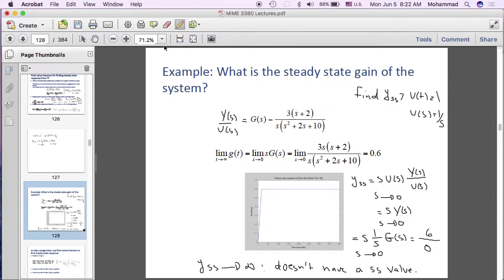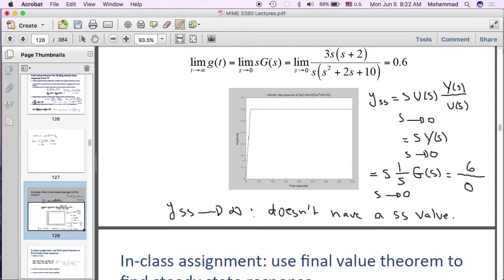That portion of the response that is changing with time is called transient response. The portion of the response that no longer changes with time is called steady state response. So in this example, this is steady state response, and this portion from time 0 to here is transient.